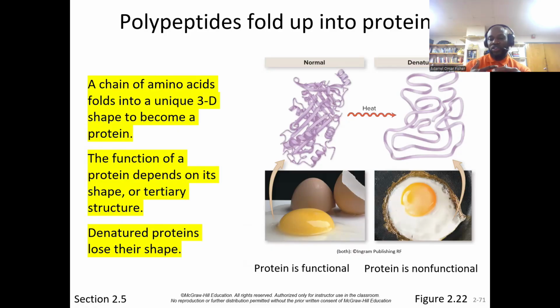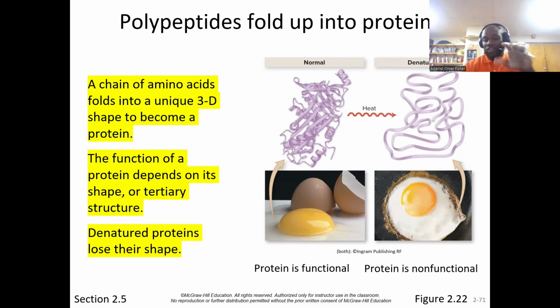As we talked about earlier, the shape of the protein is in direct correlation to its function, right? So it folds on itself. It has a secondary fold and a tertiary fold, and that predicts its function.